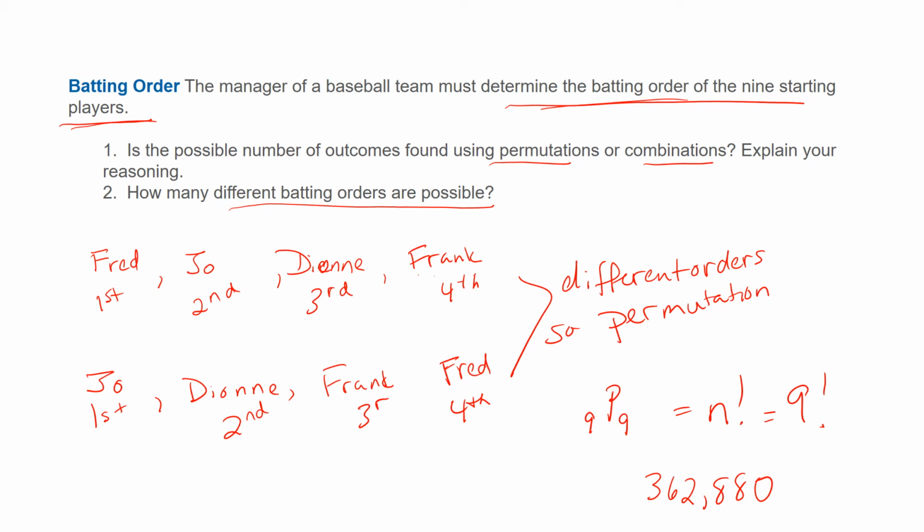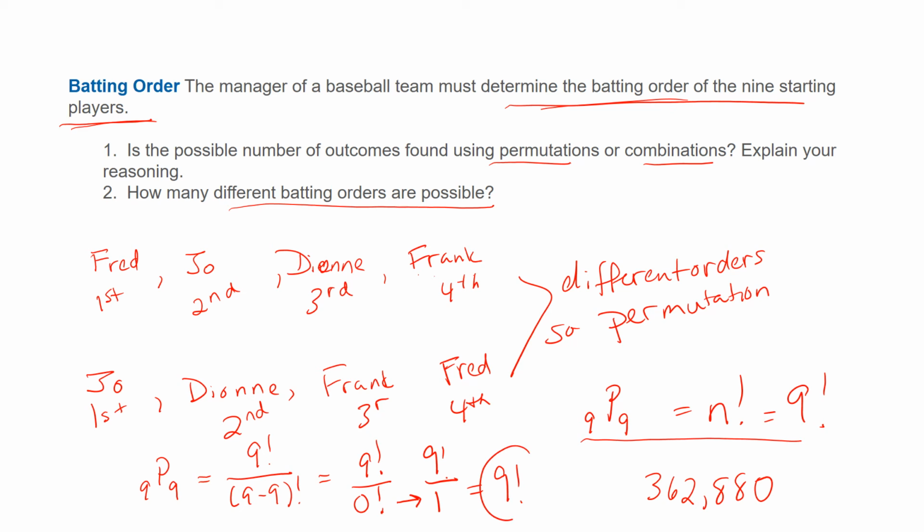Now, just to show you that this turns out to be like this, let me use the permutation formula. Permutation of 9, choose 9, would be 9 factorial over 9 minus 9 factorial. 9 factorial over 0 factorial. Now, 0 in the bottom of a fraction is undefined, but 0 factorial is defined to be 1. So I'm going to get the same thing in either place.